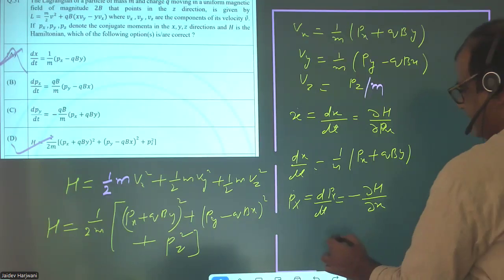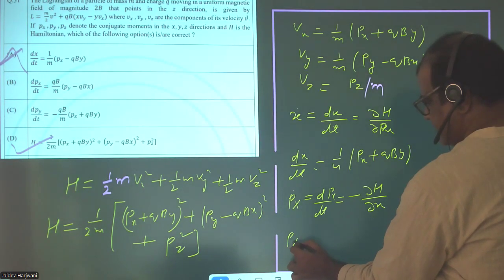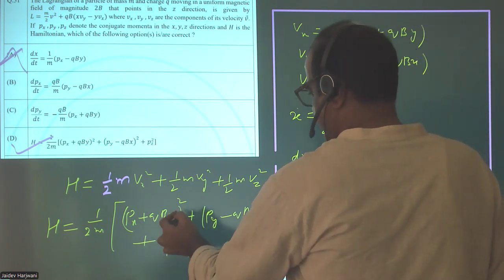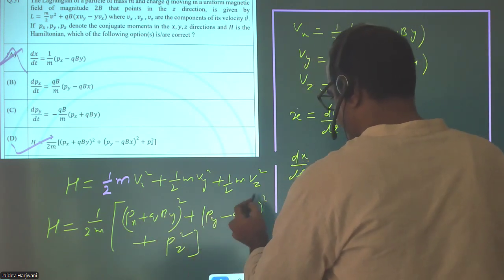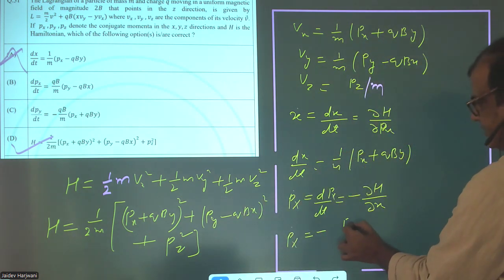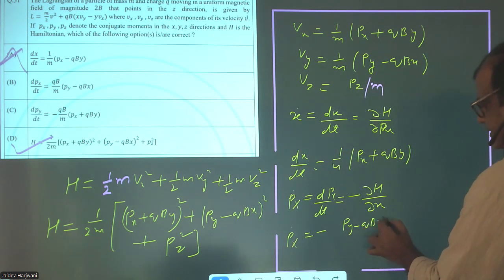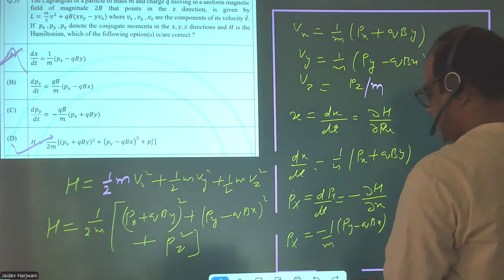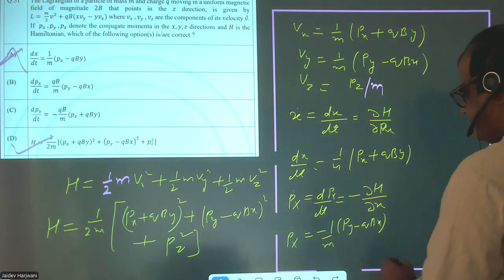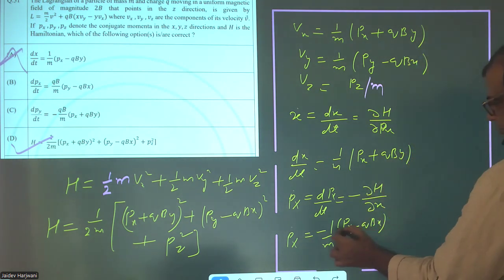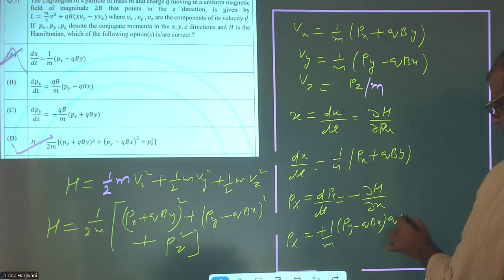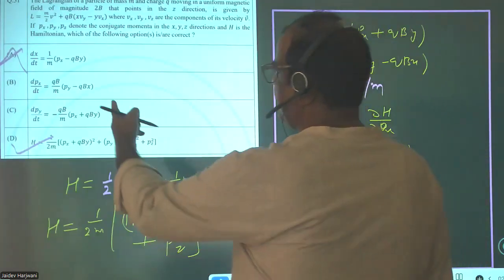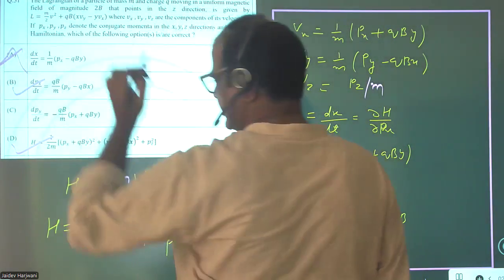This gives me px dot equal to minus, so x is not here, x is here only, so we have to see only this term. This gives me (py − q bx)² with 1 by m. Then I have to differentiate this one. This gives me minus q b, so this will become plus, and this will become q b by m (py − q bx). So this option is matching. So this option is correct.